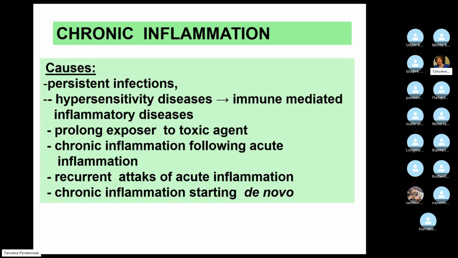If, for example, some infectious agent has a very thick capsule and it cannot be destroyed by the enzymes which appear inside the phagosome. This is the first. The second is a defect of macrophages.